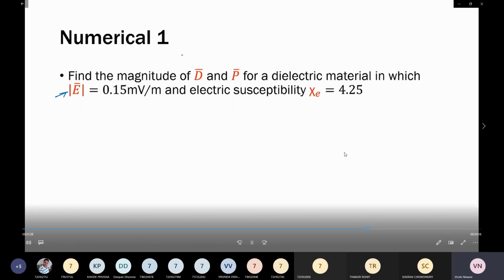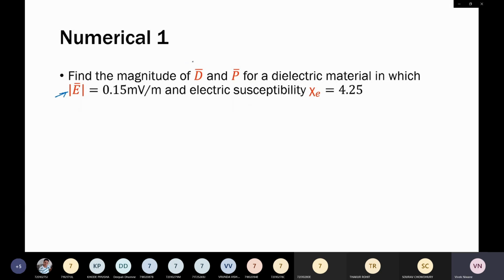So we have all the notations indicated in the numerical, since we are solving the first numerical. We have data E, we have χe, and we are asked to calculate D and P.